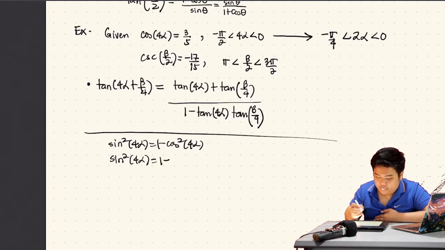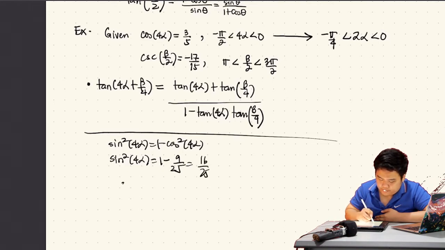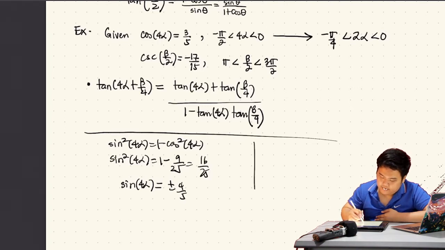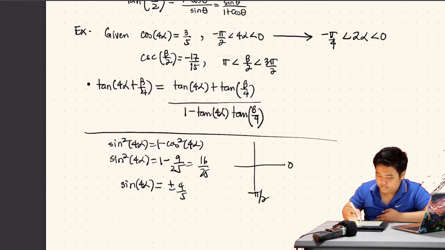Cosine squared 4 alpha is 9 over 25. 1 minus 9 over 25 is 16 over 25. So, sine 4 alpha is plus minus 4/5. Pero nasan ba si 4 alpha? Babalikan nyo, ito yung 4 alpha. Negative pi over 2 to 0.